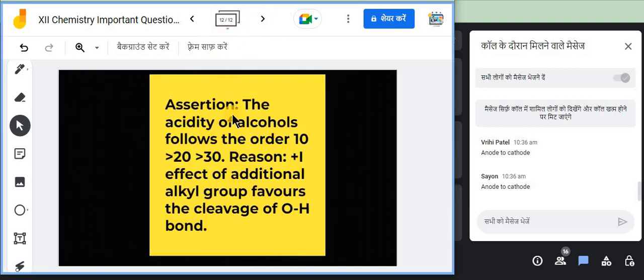Now the last question here. This is acidity of alcohols. So what would be the acidity of alcohol? Whether 1 degree alcohols are more acidic or 3 degree alcohols are most acidic. Which is most acidic, alcohols 1 or 3? This is the first question. Is the assertion right or not? That is the first question. 1 degree is most acidic. That's right.